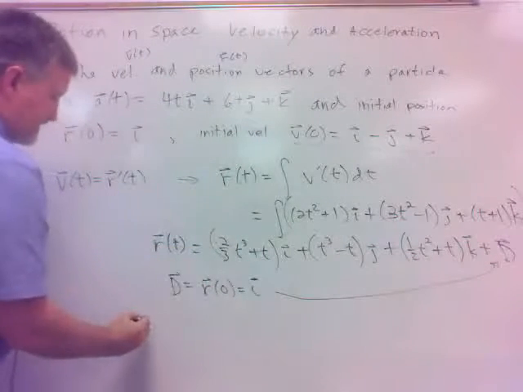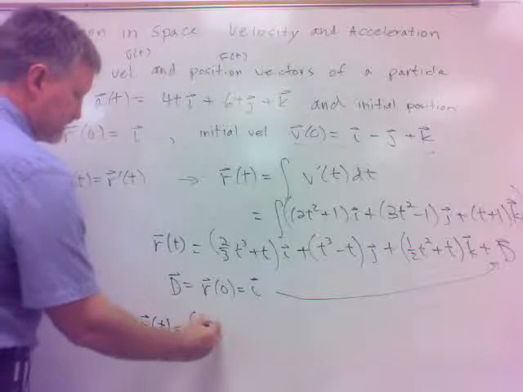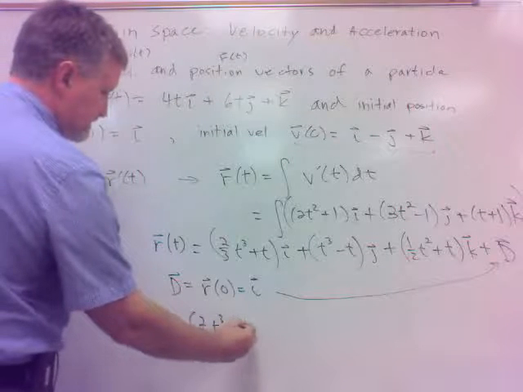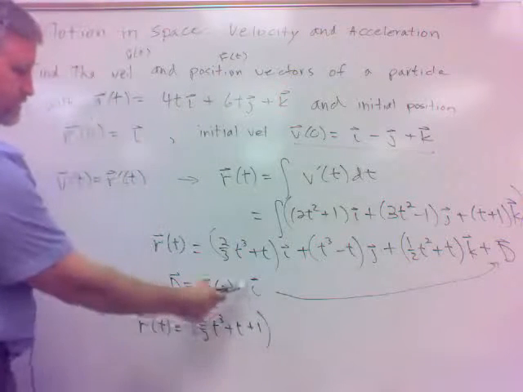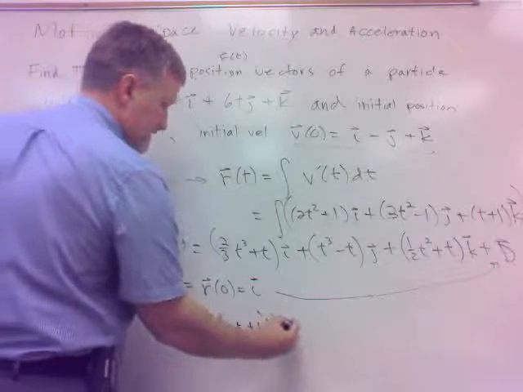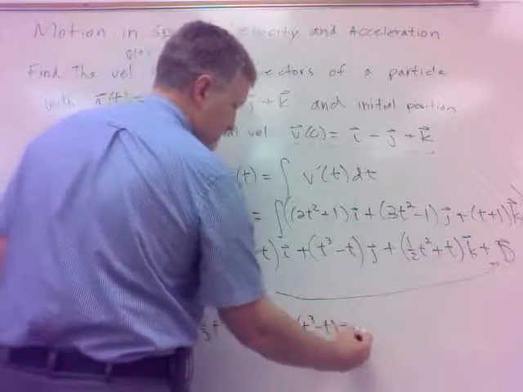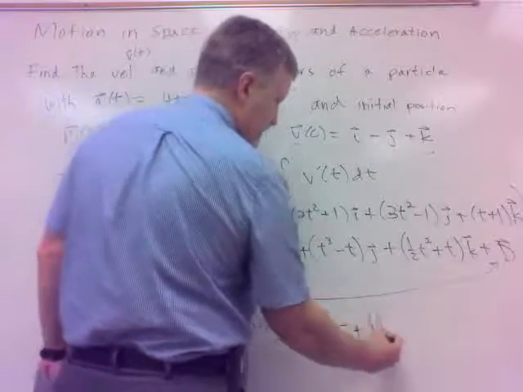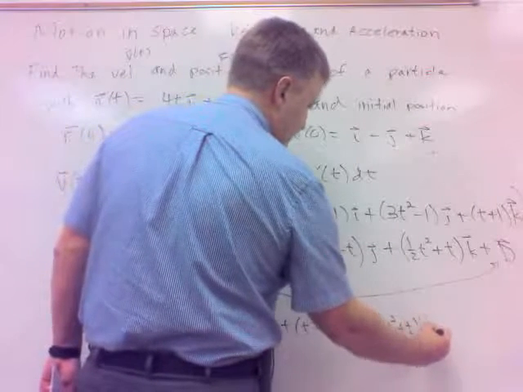So r of t, the position vector, would be (2/3 t cubed plus t plus 1) i, because that's 1i, so we just add the 1 there, plus (t cubed minus t) j plus (1/2 t squared plus t) k.